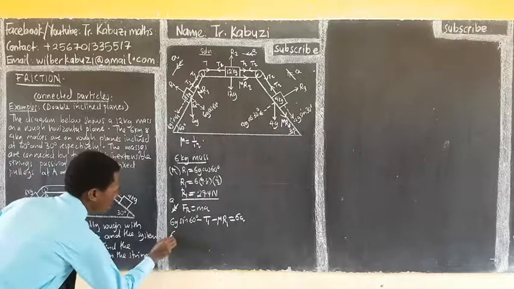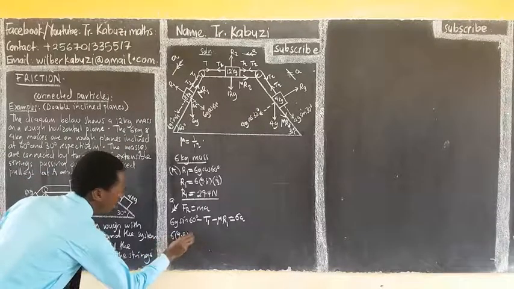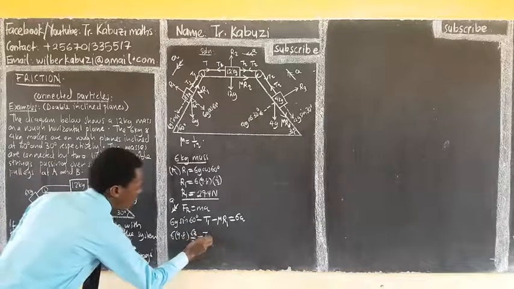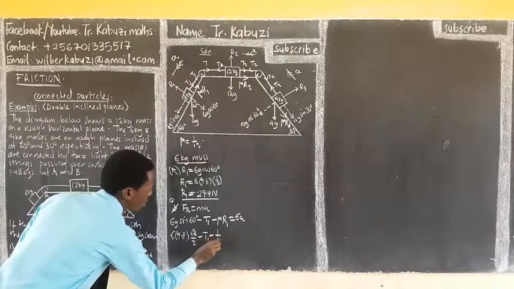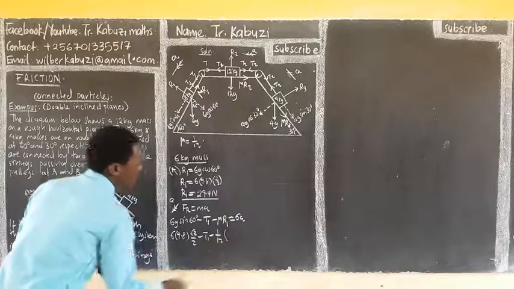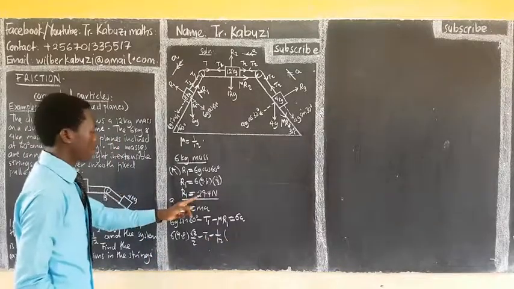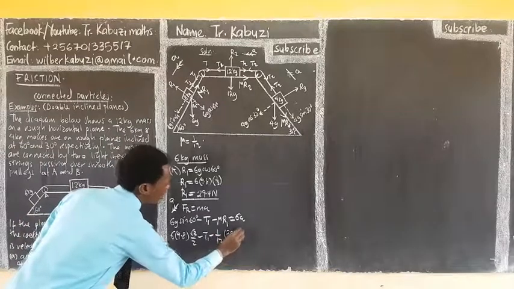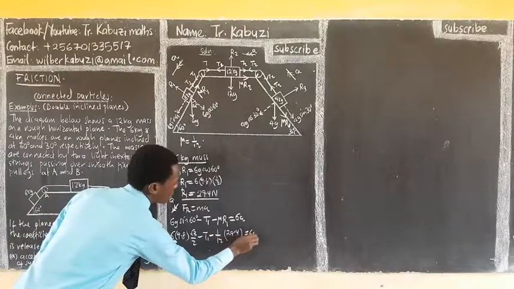This is going to be 6 into 9.8 root 3 over 2, then minus T1, minus mu, they told us it's 1 over 12, into our R1. Our R1 is 29.4, equaling 6a.